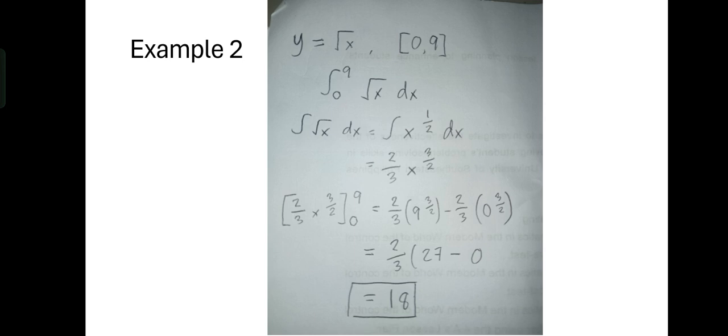So we're just going to subtract. Next we have here 2 over 3 times 27 minus 0, and the final answer is equal to 18. So that's how we solve this type of problem.